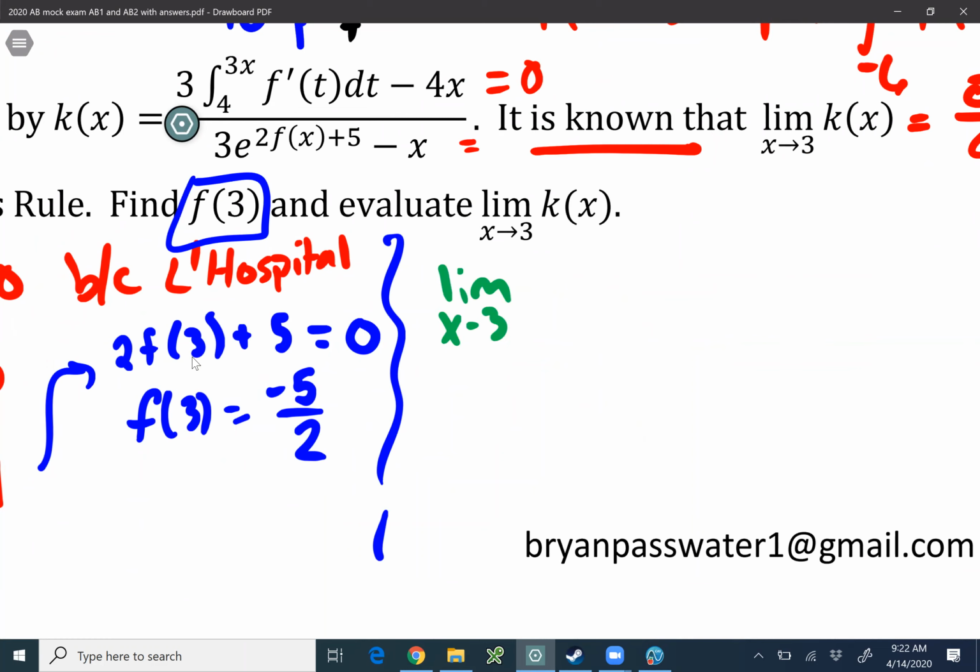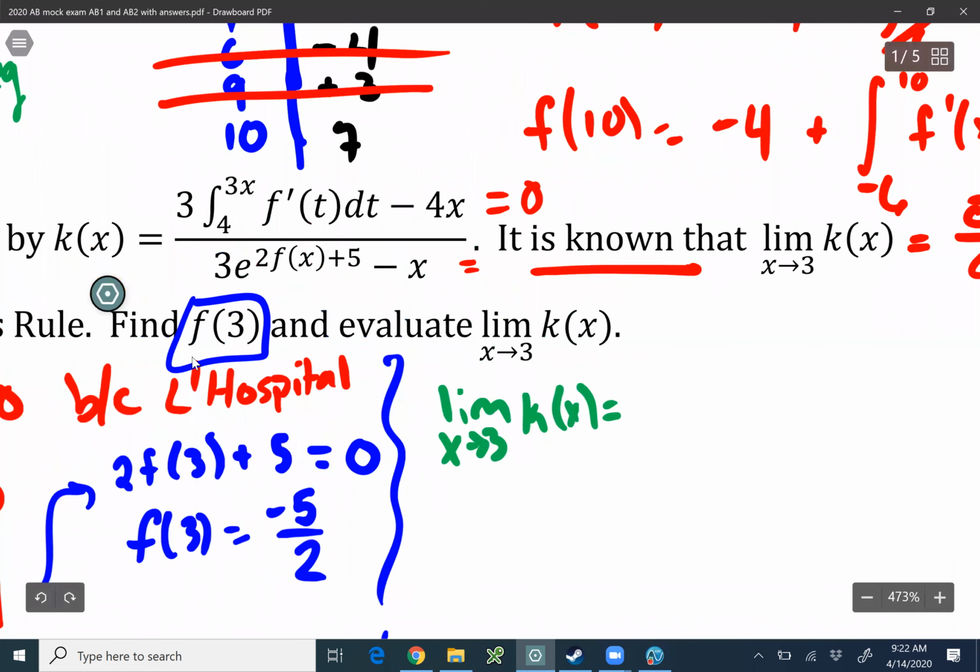So we know that L'Hopital's rule applies, right? If I plug in 3 to the top and 3 to the bottom, I'm going to get 0 over 0. You could try that, but you're kind of just wasting your time because they told us we're going to do L'Hopital's rule anyways.